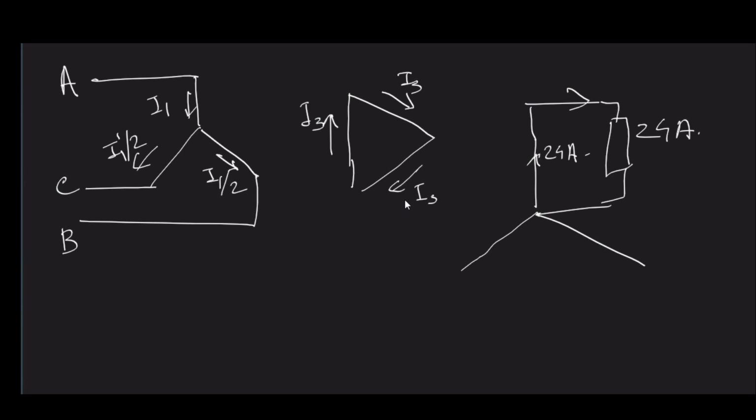So these lead to a situation where, if you think about MMF balance, you get I1 plus I3 by 2 is equal to 12, which we got. Now what more can we write?